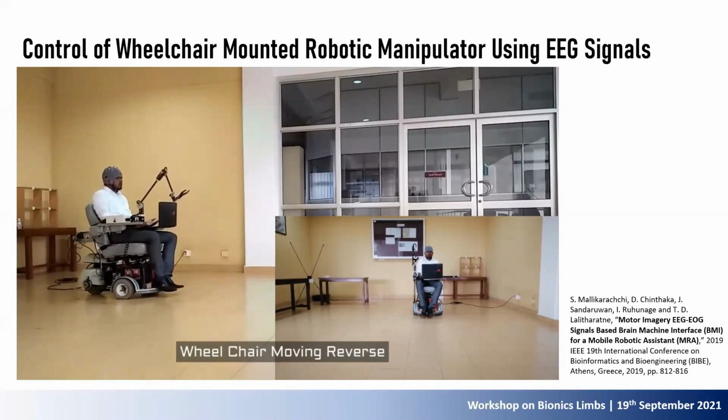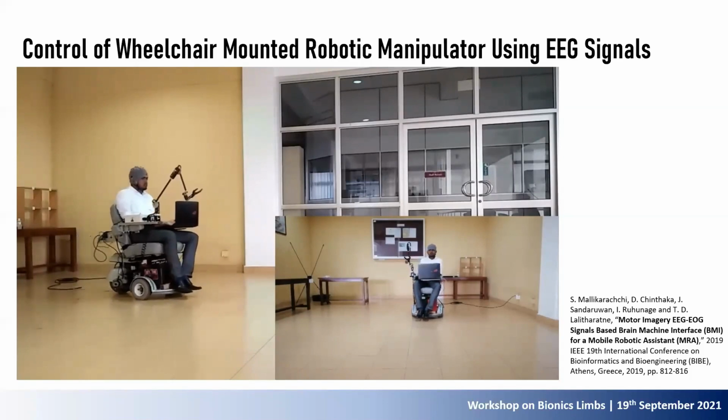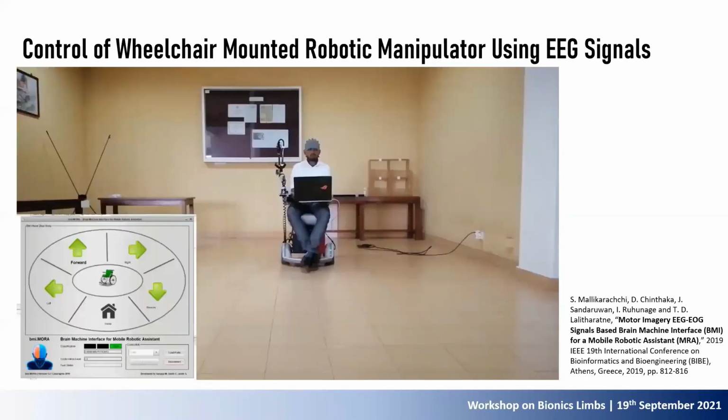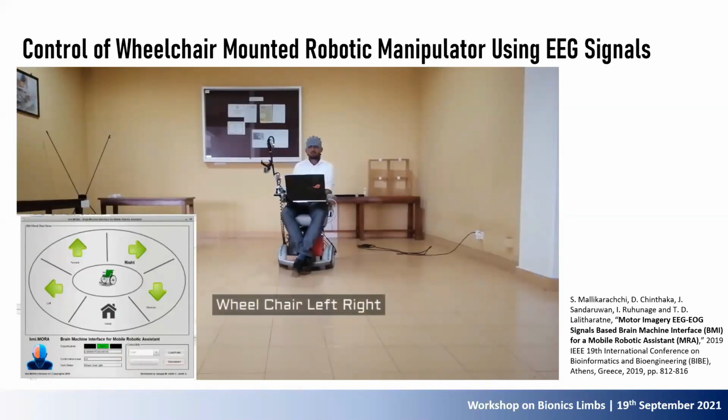So I think there's another resting clip maybe after this. So he managed to control the wheelchair in different directions using the GUI, but the GUI is controlled using brain signals.